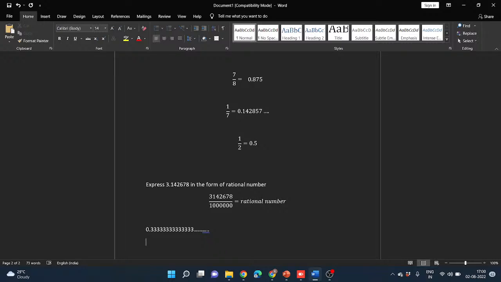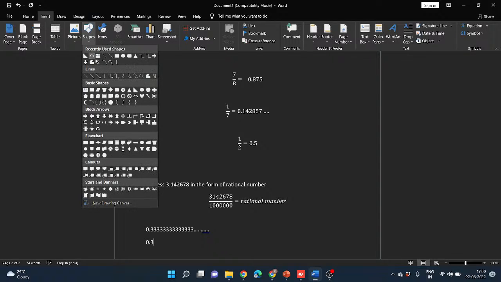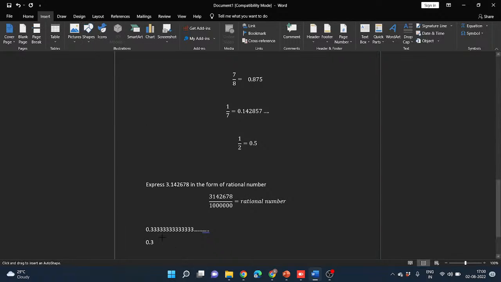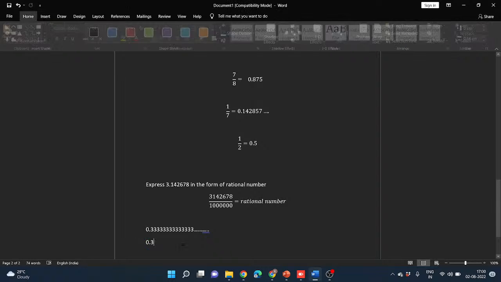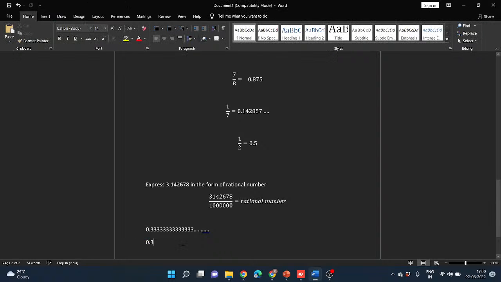So here we don't know what 0.3 bar is. These kinds of numbers can be written with a bar above the number. So let's call this number x.